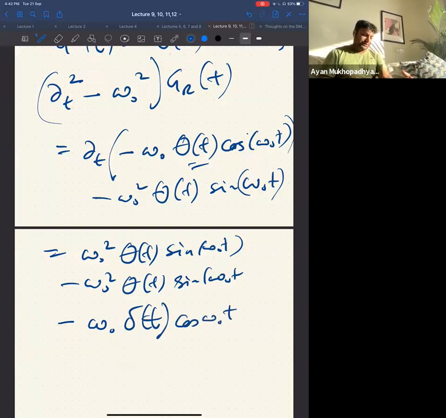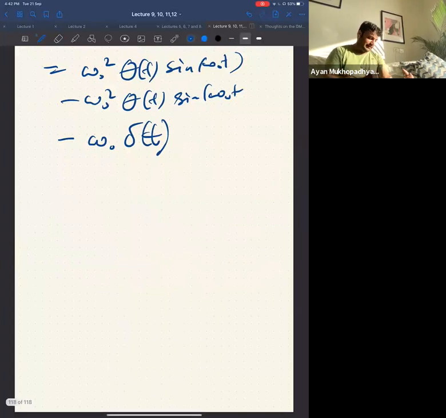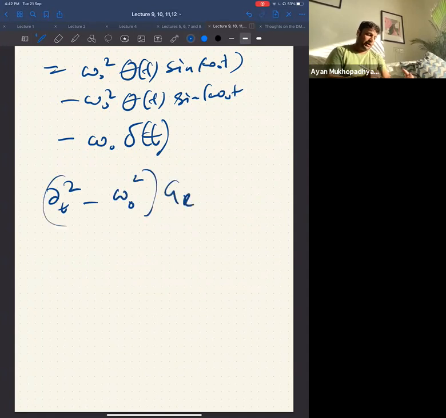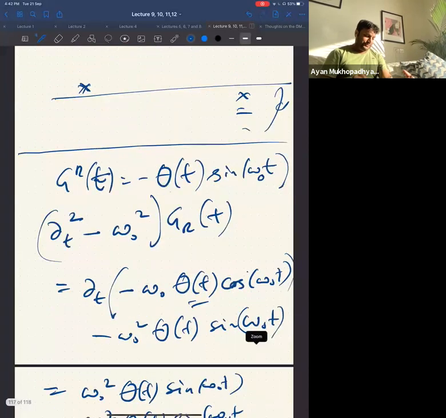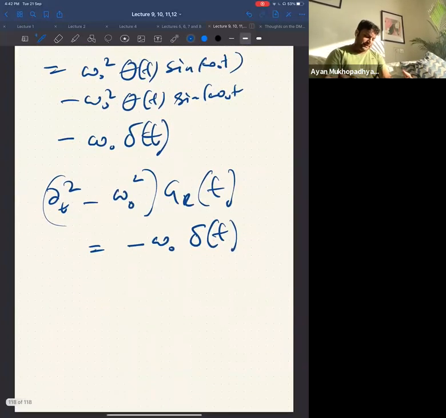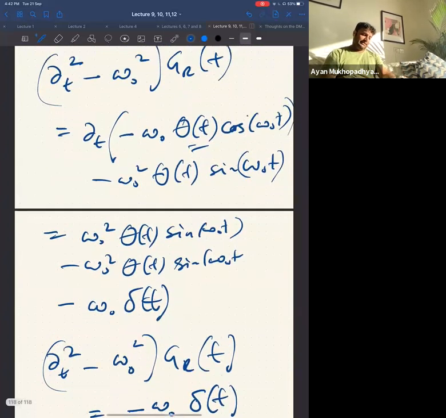But cos omega naught t at t equal to 0 is 1, so I can simply replace it by identity. So what I get is that this satisfies the equation, del t squared minus omega naught squared G_R(t) is equal to minus omega naught delta(t). If there was a 1 over omega naught, that would have been a bit more perfect, but I think this minus omega naught is fine. It comes from some dimensional reasons.